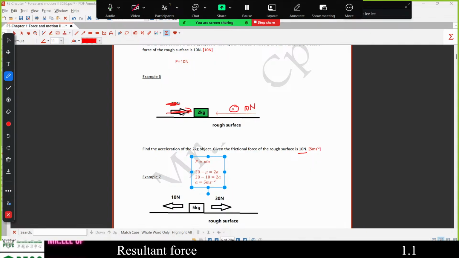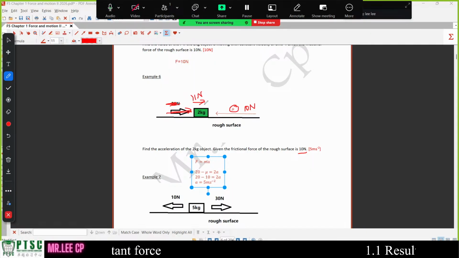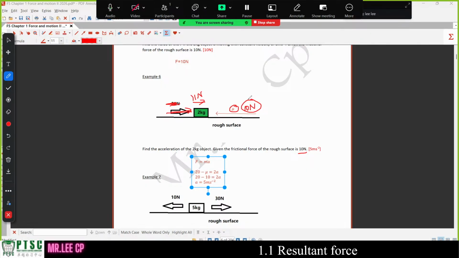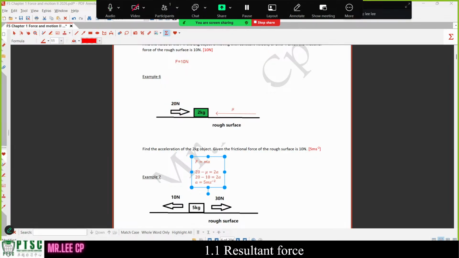If I push with 11 right now, then it will start to accelerate, maybe by 0.1, I haven't calculated yet. 11, 12, 13, 14. As long as it is more than the friction, it starts to accelerate. Are you okay with this? So it will accelerate. Okay.